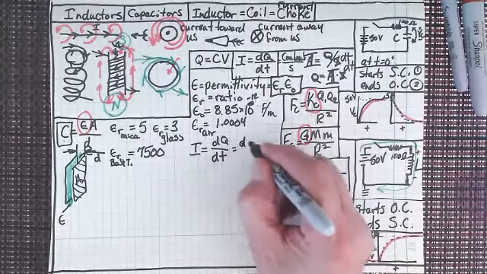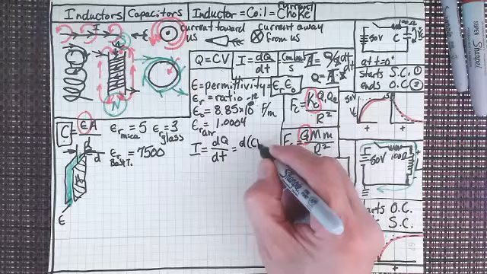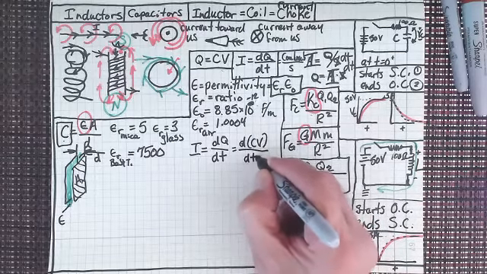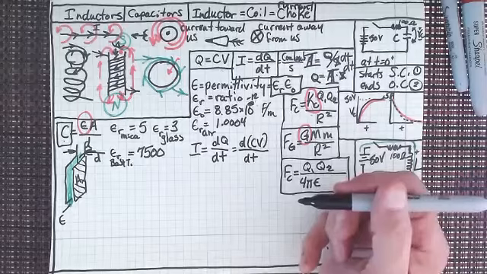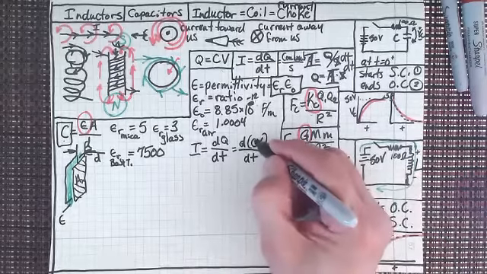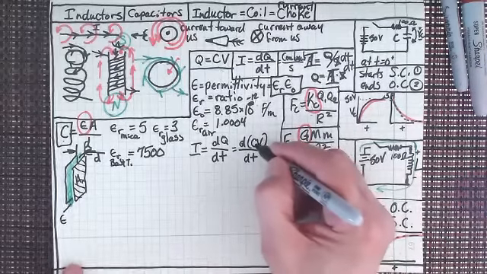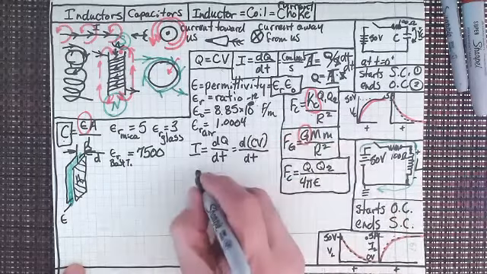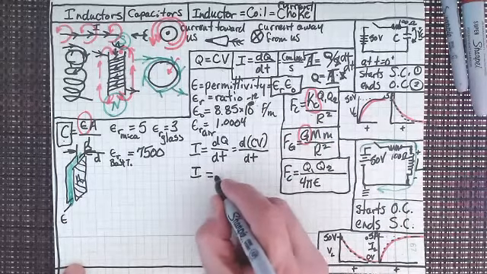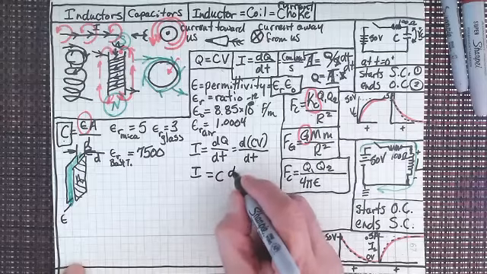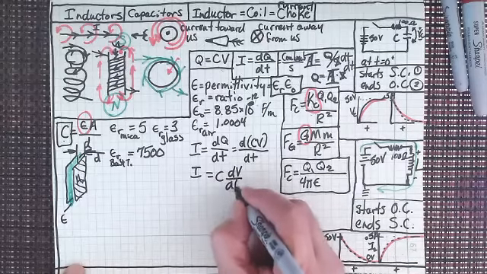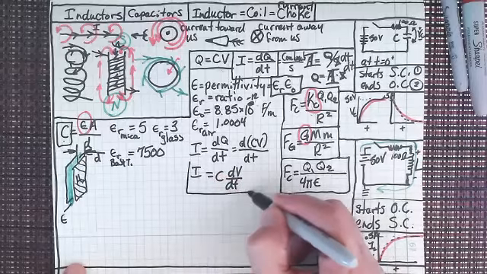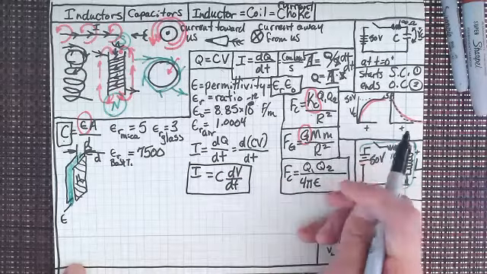Isn't that the same as the derivative of C times V with respect to t? Isn't the capacitance of the capacitor a constant? So that can come out, and I get I equals C times dV/dt. That is the relationship.